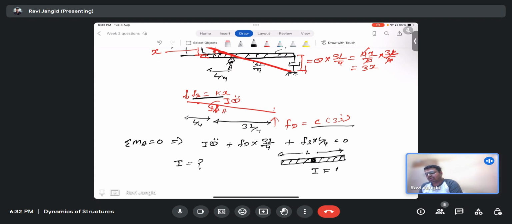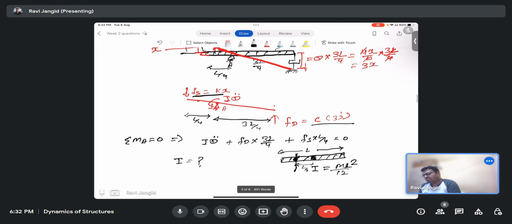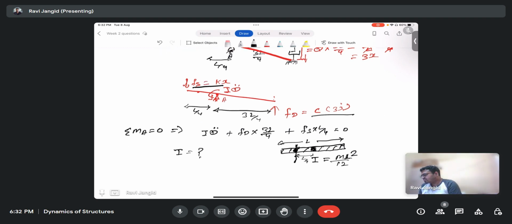Okay. So what would it be about this point, which is at an L by 4 distance from the center? Try to find out. 7 by 48 ml square, sir.